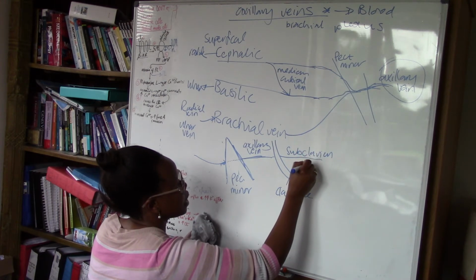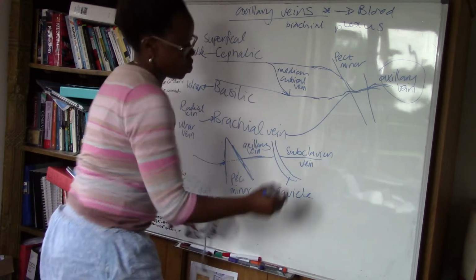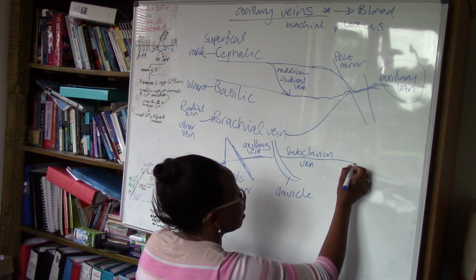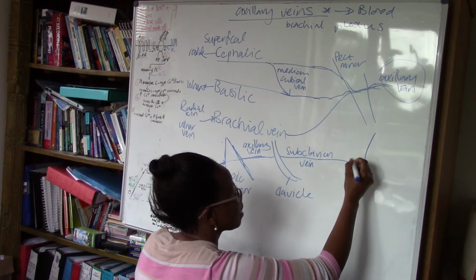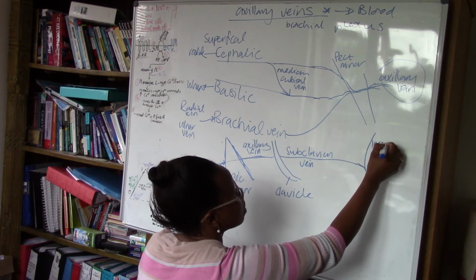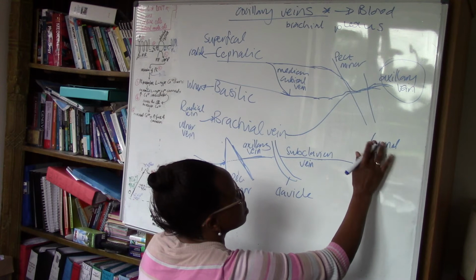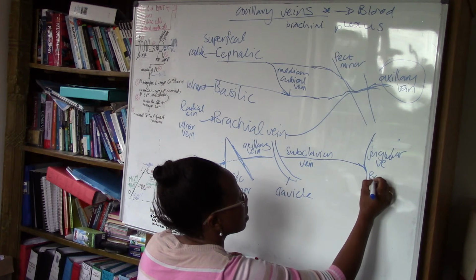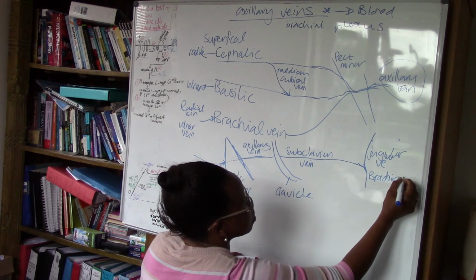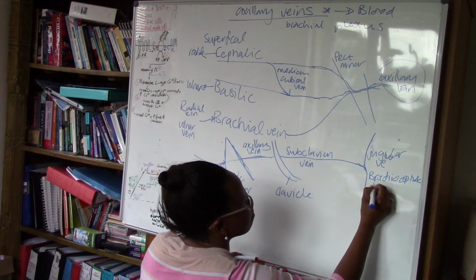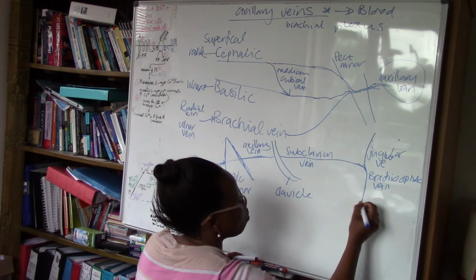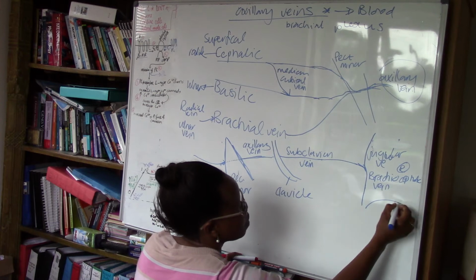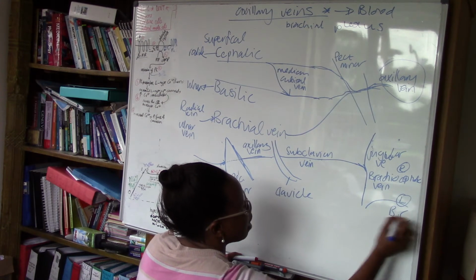Subclavian vein. And then obviously we know that the subclavian vein, going back to the cardiology lectures, will then merge with the jugular vein to form the brachiocephalic vein, which, say if this was the right hand side, then this right hand side will join with the left brachiocephalic.